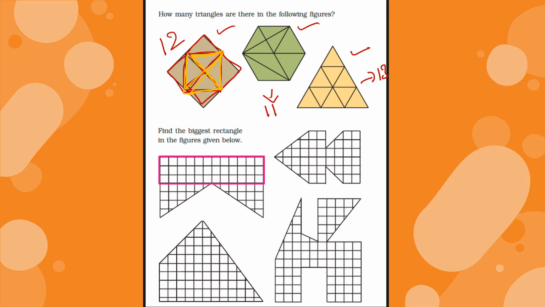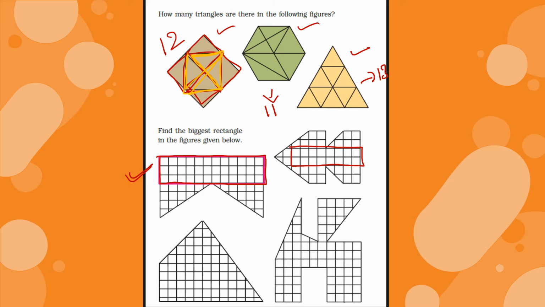Now the second exercise requires us to draw the biggest rectangle in these shapes. Like this one, in this shape, this rectangle is the biggest that we can draw. Similarly, over here, this will be the biggest we can draw. Okay.